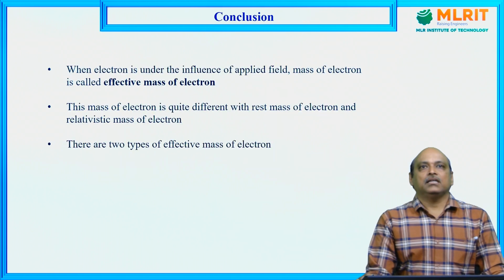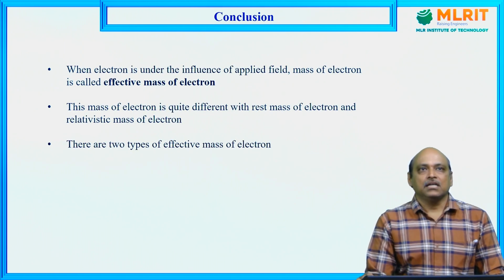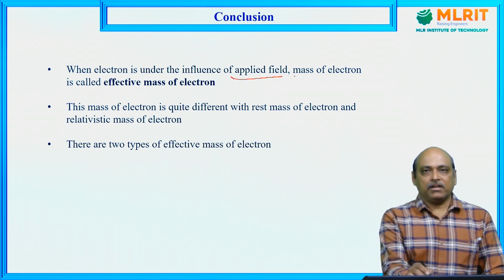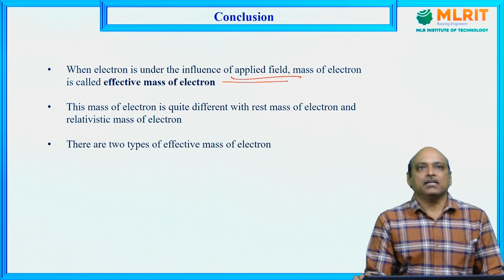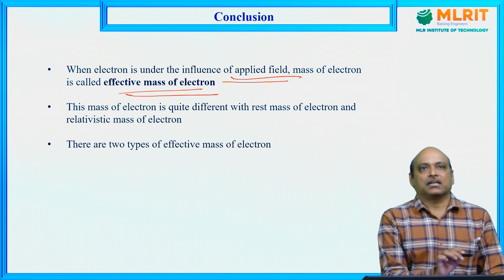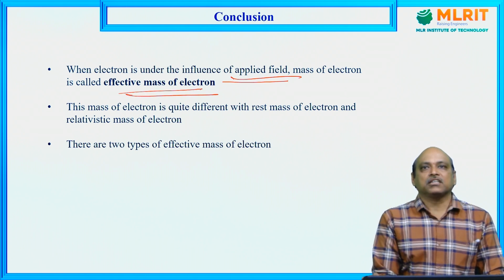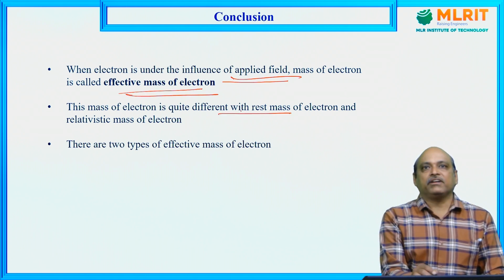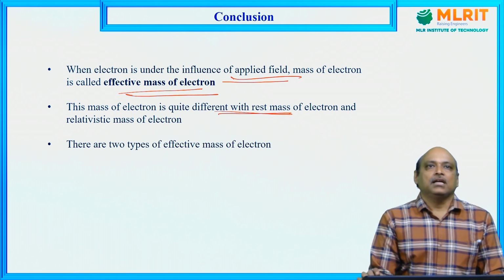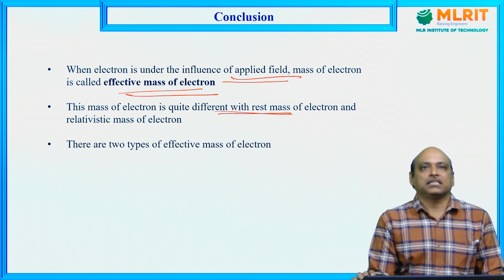The final conclusion is that when an electron is under the influence of an applied electric field or any external field, the mass of the electron is called the effective mass of the electron. This effective mass is quite different from the actual mass of the electron, depending on the situation.